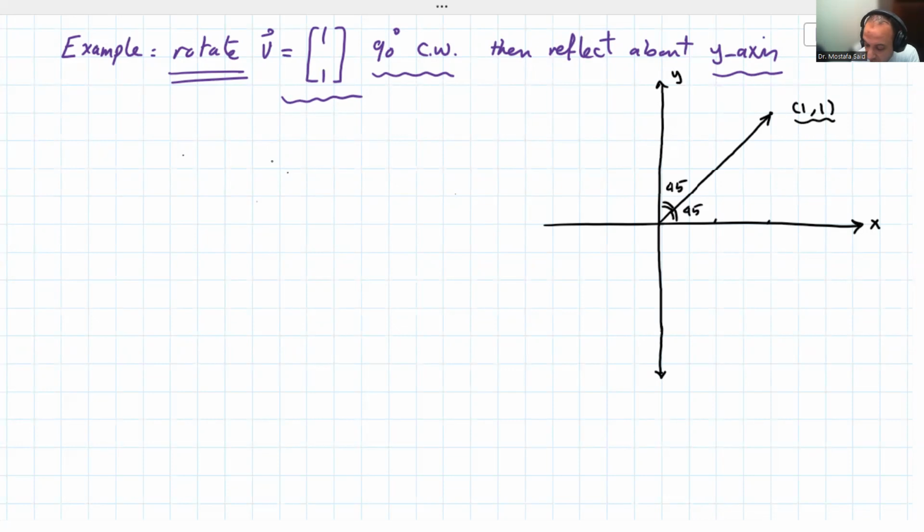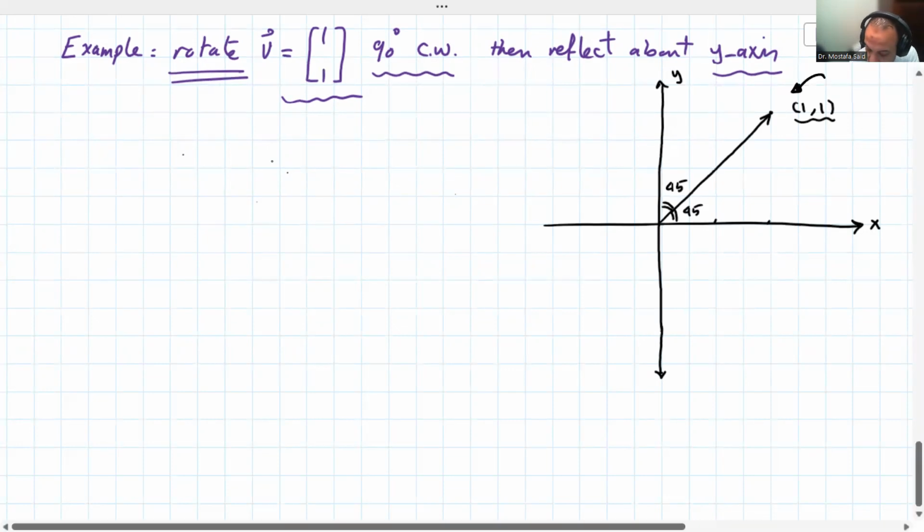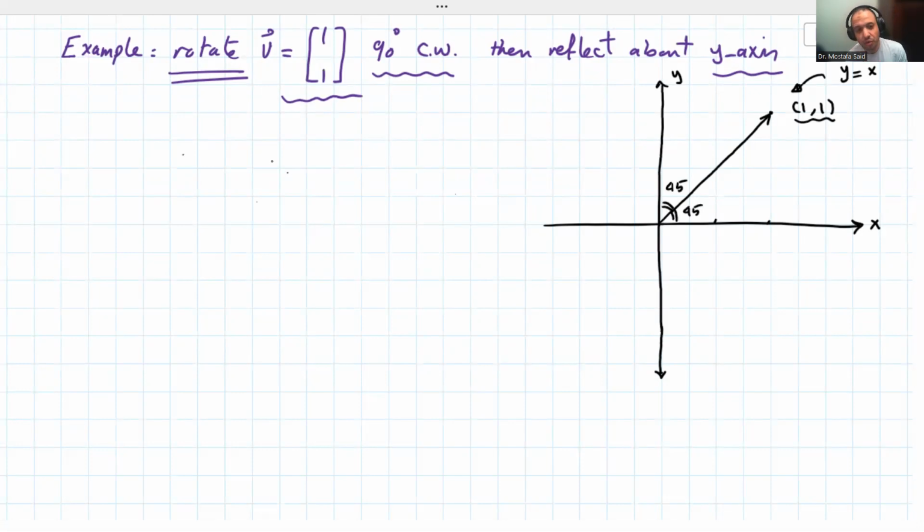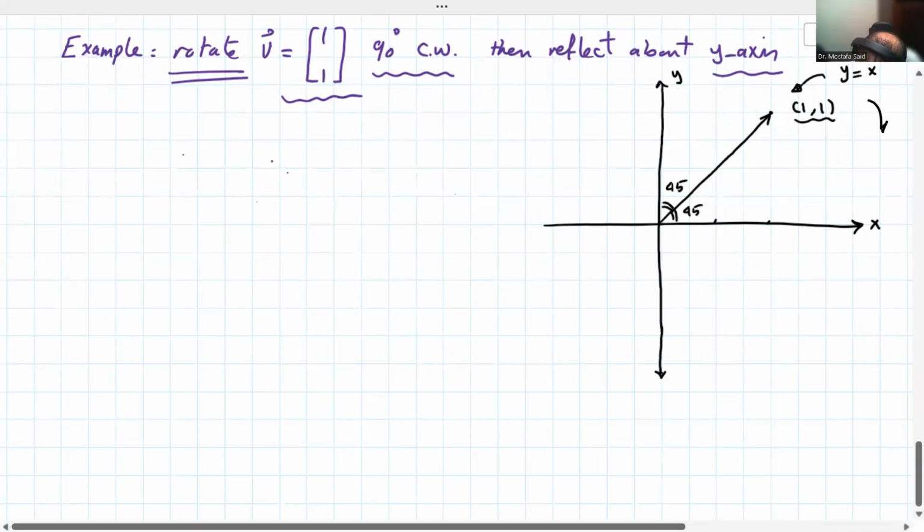(1, 1) means this line has the equation y equals x. The line y equals x always has an angle of 45 degrees with the x-axis and 45 degrees with the y-axis. To rotate this line 90 degrees clockwise, we're gonna rotate in that direction.